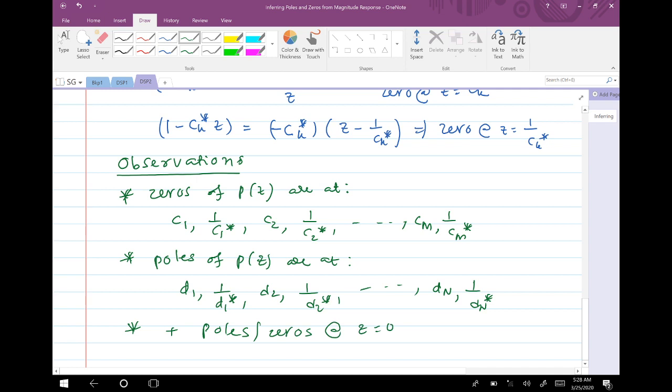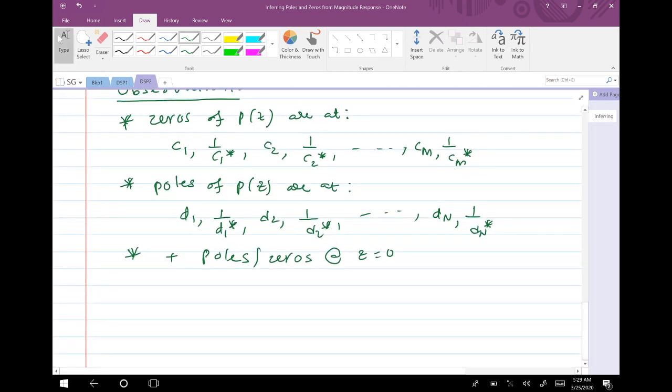These are almost obvious. Another important observation is that the poles and zeros of p of z are mirrored across the unit circle.